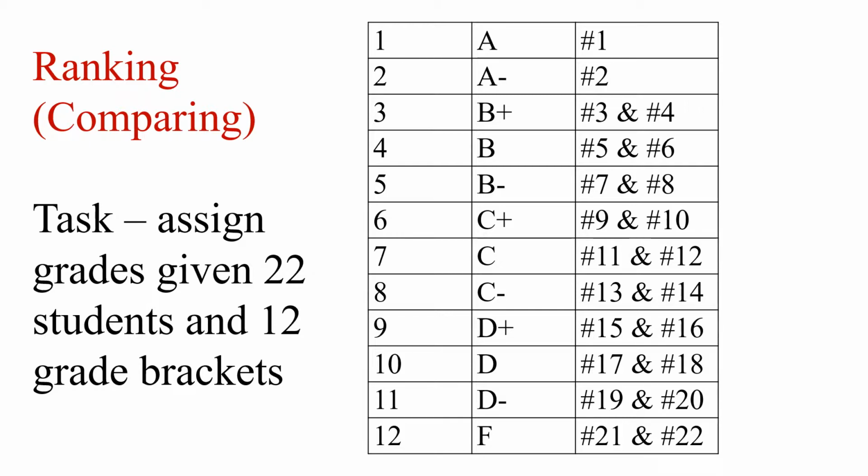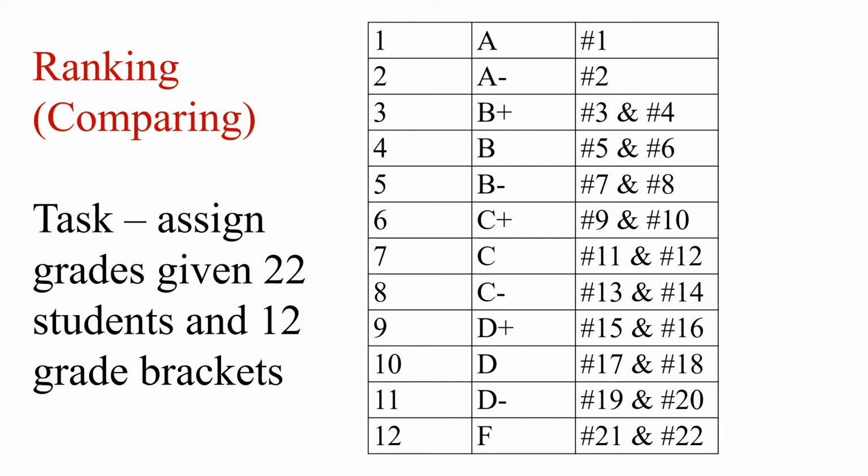Well, I have 22 students. Why don't I take their numerical scores at the end of the course and assign letter grades based upon these rankings? So one top student gets an A, and the student with the second highest score goes into category 2 as an A minus.